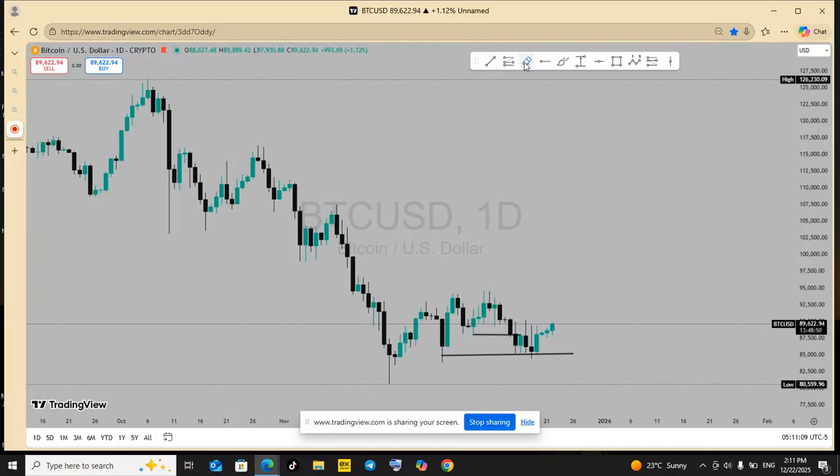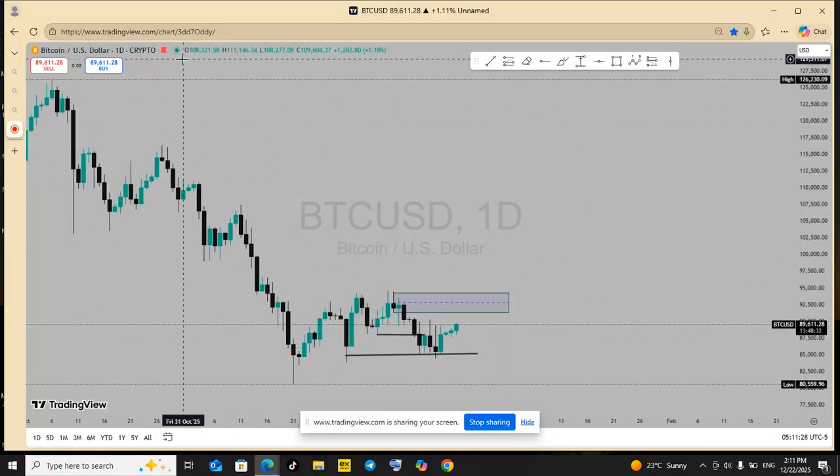That is it now. This one you are marking as our supply zone area in the daily time frame.